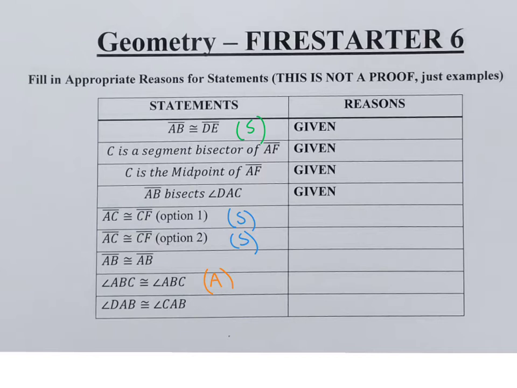So anytime something is congruent to itself, we say that's true because of reflexive property. This will almost always show up when we're talking about shared sides or shared angles. So reflexive property is one of the only things that can do both angles and sides. That doesn't happen with everything.